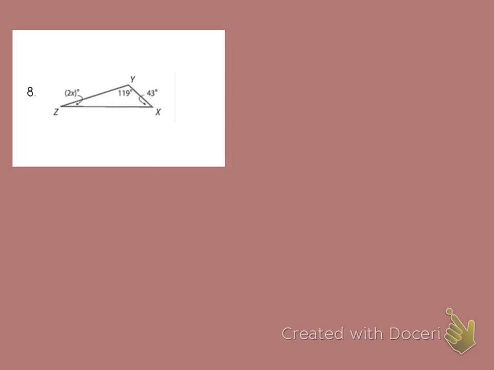And our last one, if we notice right here, our angle looks a little funny. It's not a number and it's not just x, which means we've gone from a one-step equation to a two-step equation. So here we have 119 degrees plus 43 degrees plus 2x equals 180.